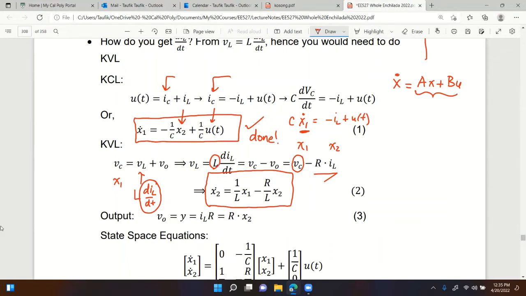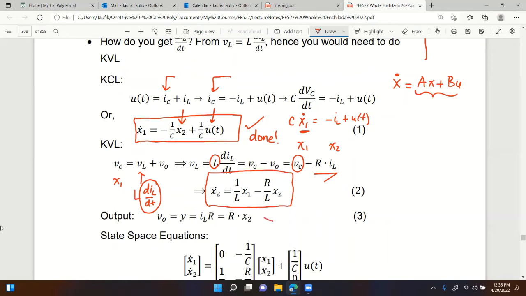Okay. Now that we have the equation where on the left-hand side we have x2 dot, you need to check to make sure that on the right-hand side you have only state variables or input or both. Is that what we have now? The answer is yes.